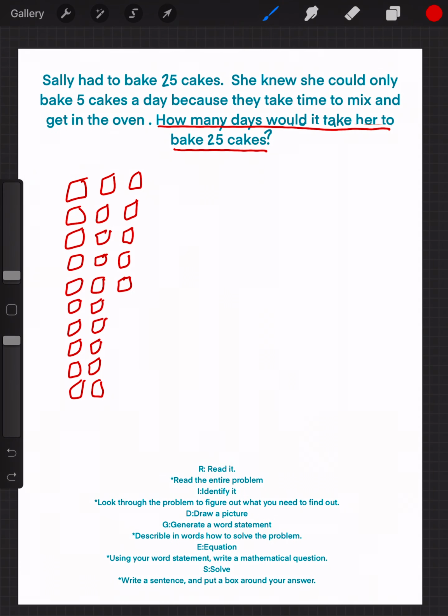The next step is generate a word statement. So we're going to describe in our own words how we would solve this problem.